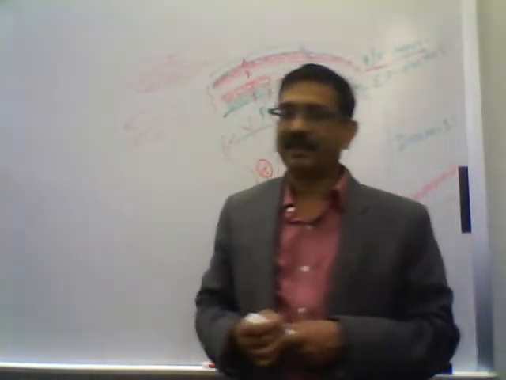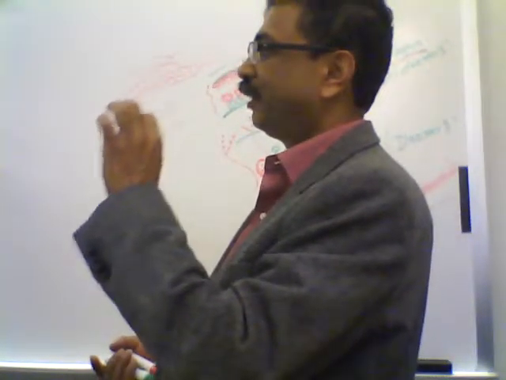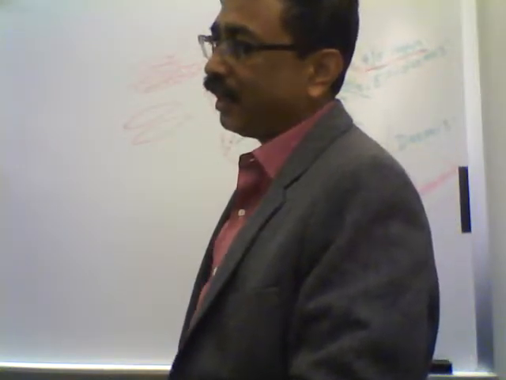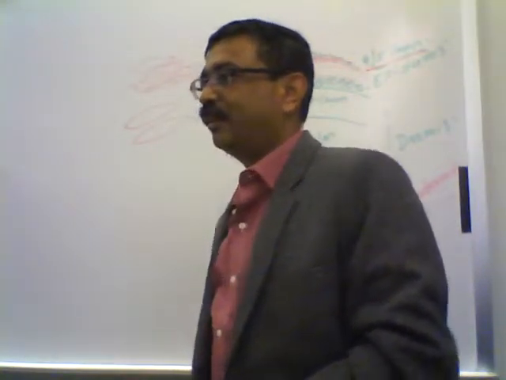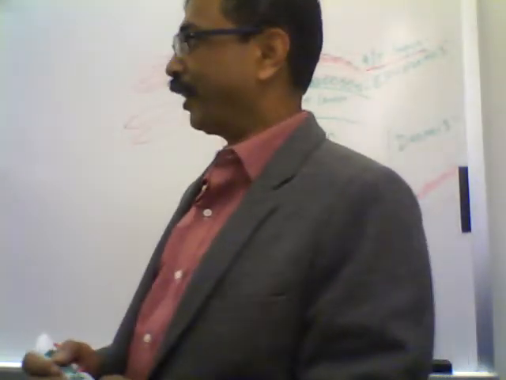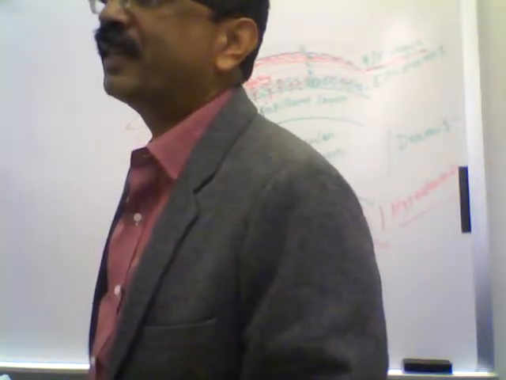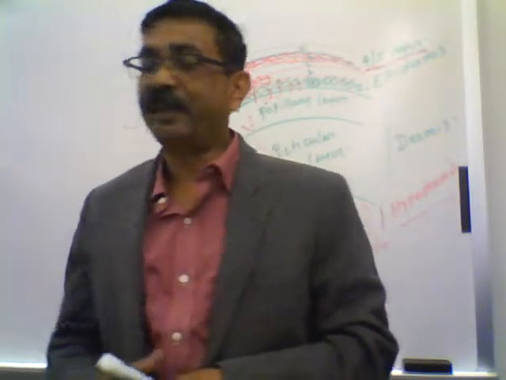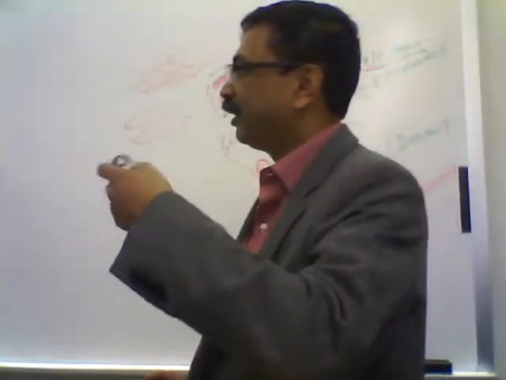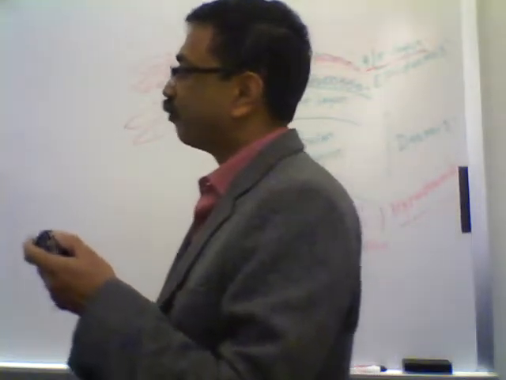In this layer, you have plenty of melanin granules. You know that melanin gives the color of the skin, brown to dark pigment. And also phagocytic cells of the skin, dendritic cells, are present in this layer. So melanin granules and dendritic cells.